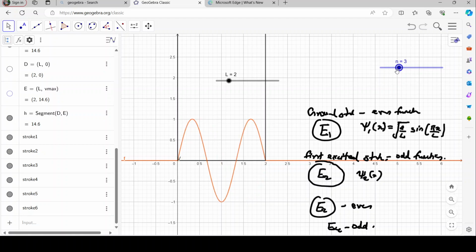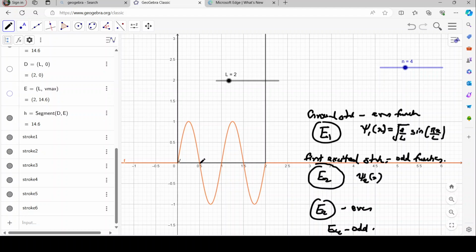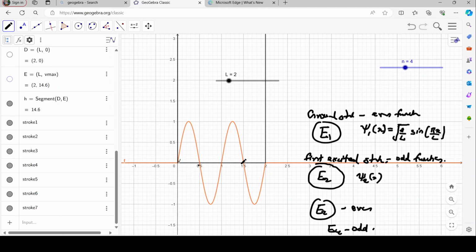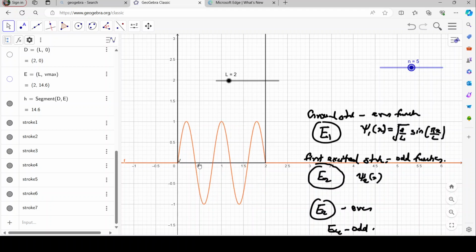And for n equal to 3, we are getting 2 points, and n equal to 4, we are getting 3 such points. You can see here for n equal to 4, we have 1, 2, 3 points. And n equal to 5, obviously, we will get 4 zero points between the boundaries. So the number of zero points between the endpoints increases by 1 with each excitation.